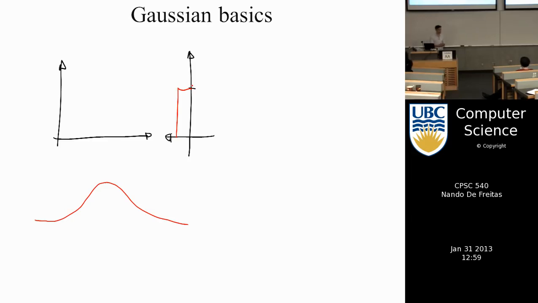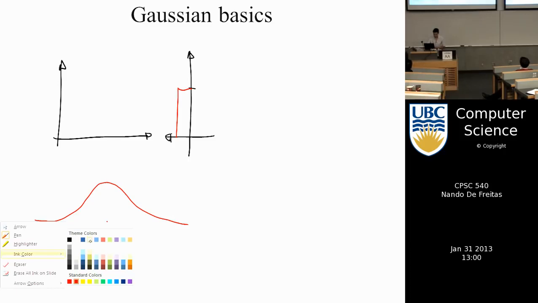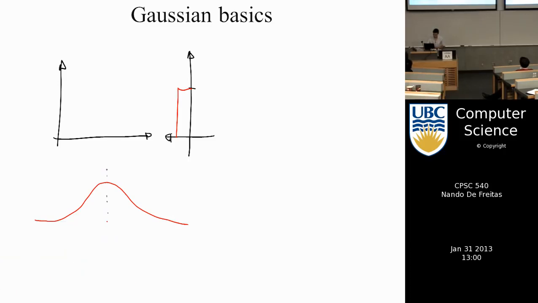I will also assume that I can compute the cumulative of a Gaussian. Now, what is the cumulative of a Gaussian? Okay, so this is where mu is. The cumulative of a Gaussian is what you get if you start summing the area under the curve of the Gaussian as you move from the left. So all the way up to here, this area has a value. That value is the cumulative distribution.